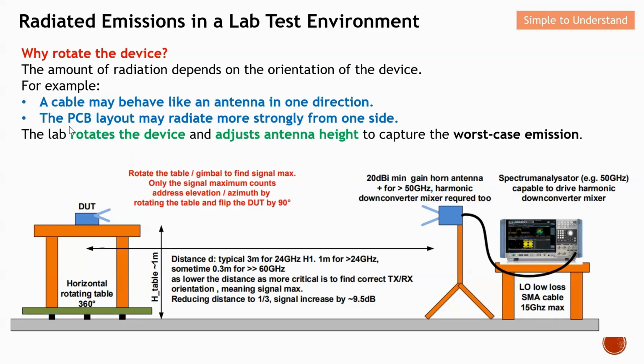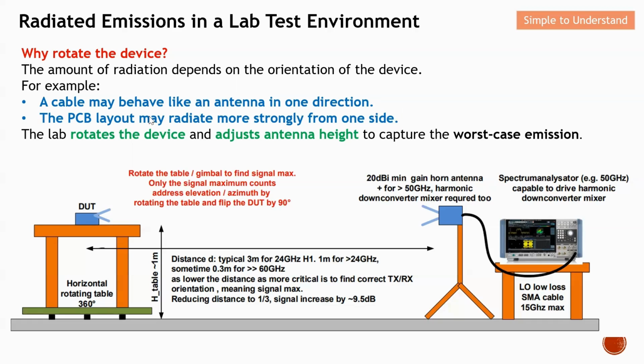Next, the PCB layout may radiate more strongly from one side. So with this, again, you can imagine that we need to rotate your DUT. Therefore, the facing that has the most radiation will be measured with the antenna. So these two are the key reasons why the device needs to be rotated.